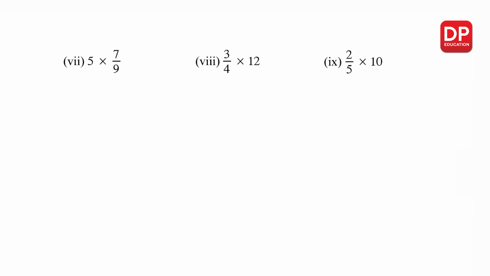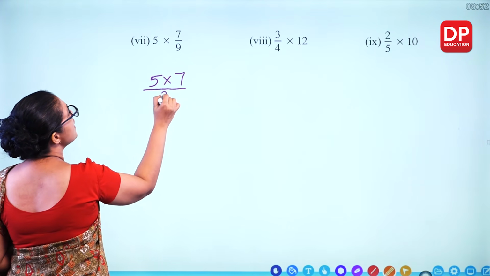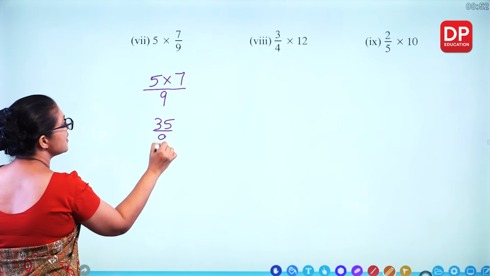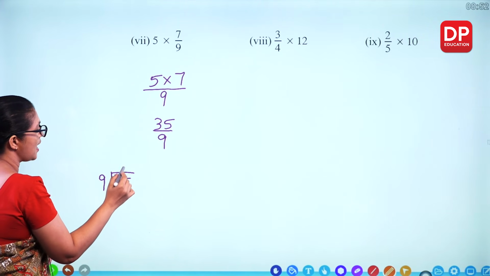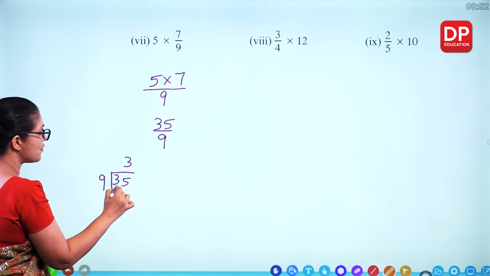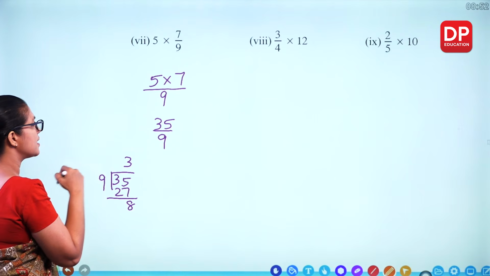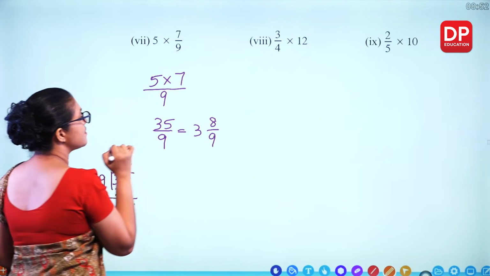This one. 5 times 7 divided by 9. 5 times 7, 35 divided by 9. What's the mixed number? 9 times 4, 36. So 9 times 3, 27. So what's remaining? 8. So 3 and 8/9.